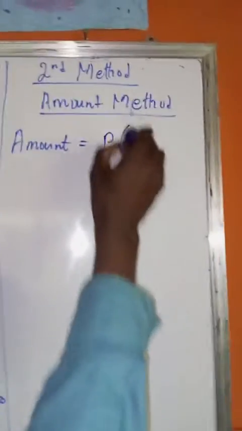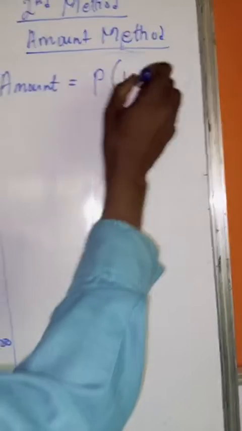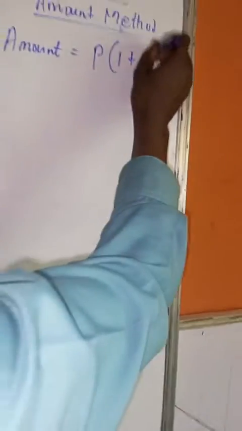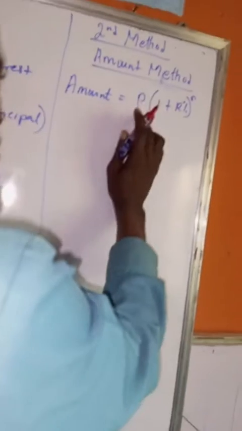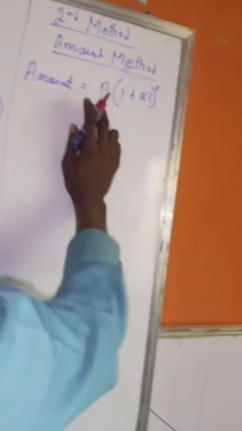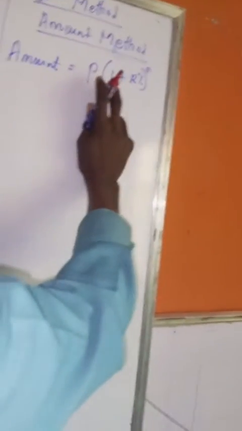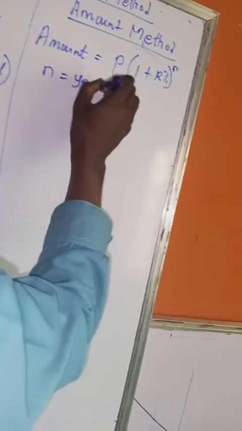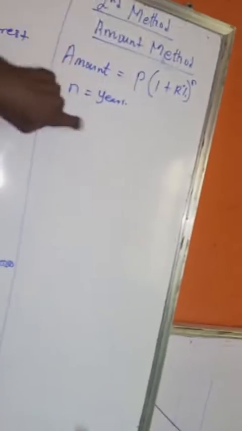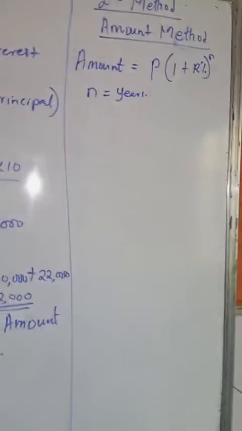It's going to be A = P(1 + R/n). So here we already know P to be the principal, 1, and we know the rate. It's only n that we don't know, the years. So I want to apply it there.